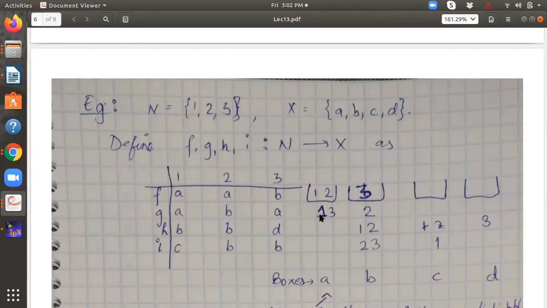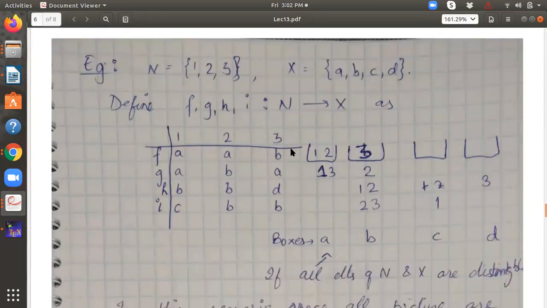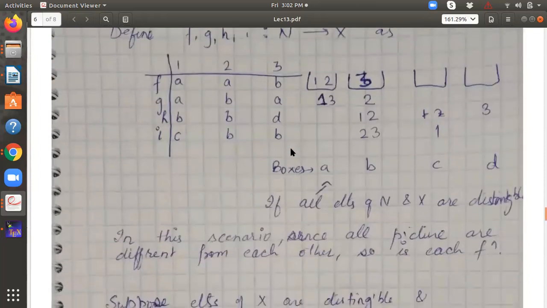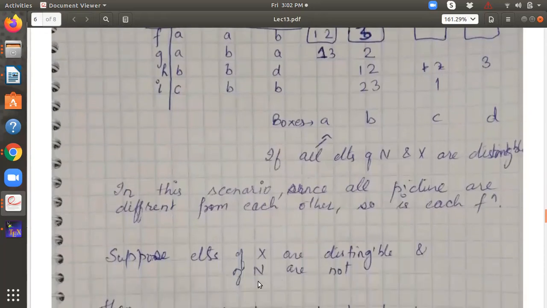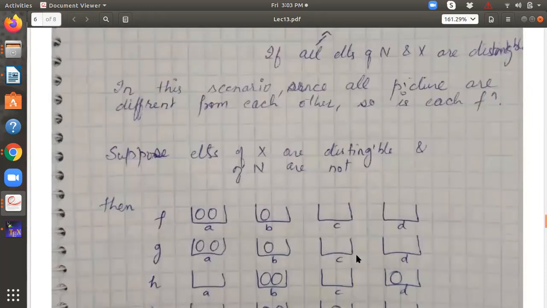So that is the case when the elements of n are indistinguishable while the elements of x are distinguishable. So that will be the pair I comma D. So okay, all pictures are different from each other, so is each function. So if the elements of n are non-distinguishable while the elements of x are distinguishable, this is the picture you get.